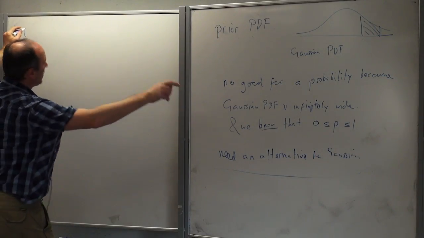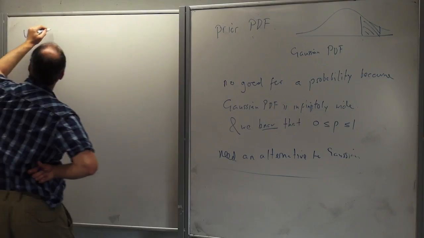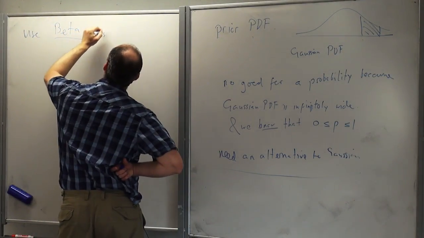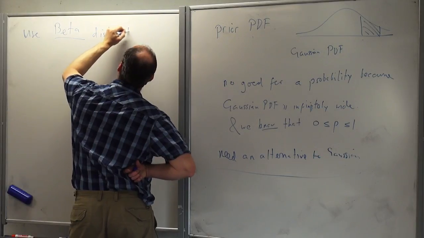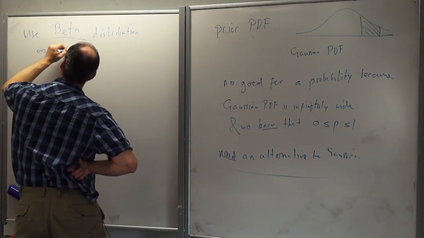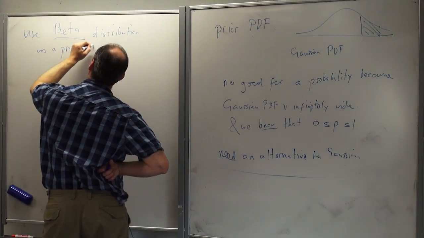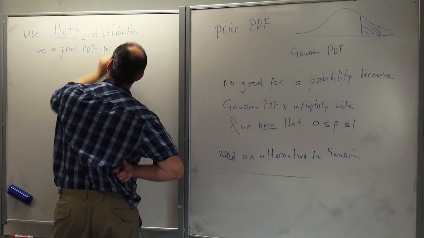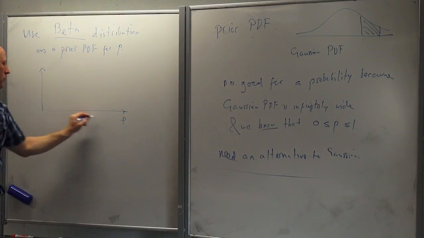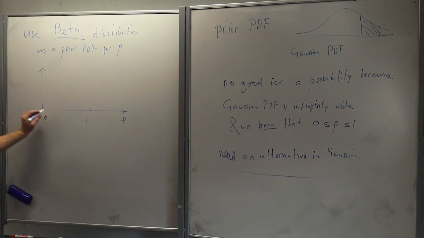So what we do instead of the Gaussian is to use a thing called the beta distribution as a prior. And it looks like this.